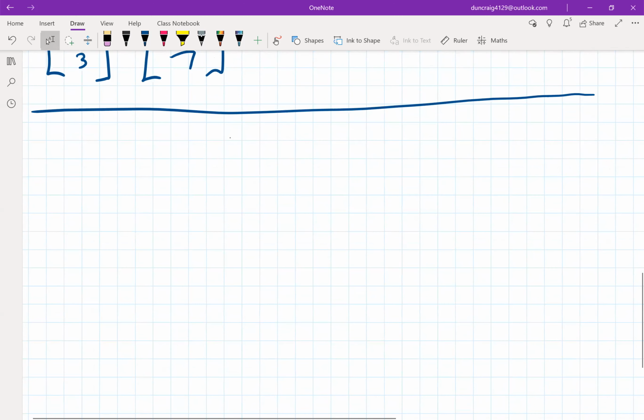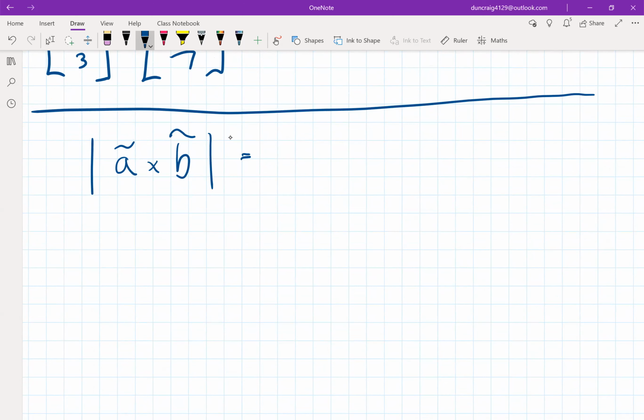Now, this isn't overly important, but it's still worth thinking about. I want us to think about what the absolute value is of the cross product of two vectors. I know it's pretty hard to visualize, but there is a formula like this that you did in year 11, where you did the absolute value of A dot B, and that worked out to be the absolute value of A multiplied by the absolute value of B cos theta.